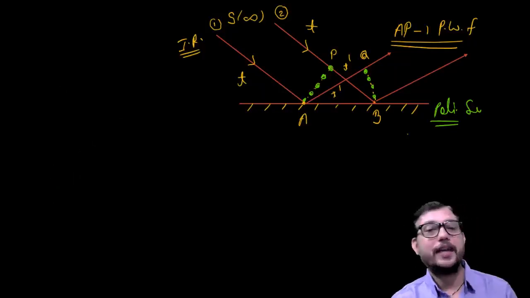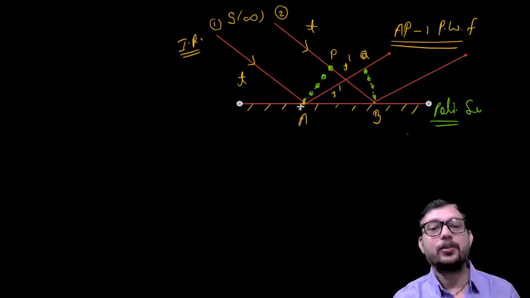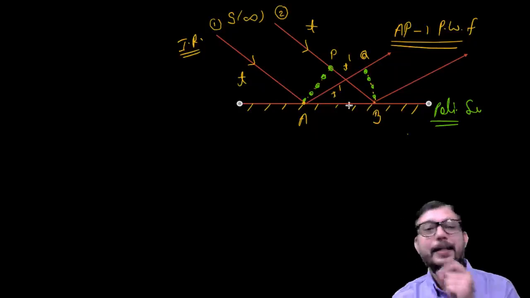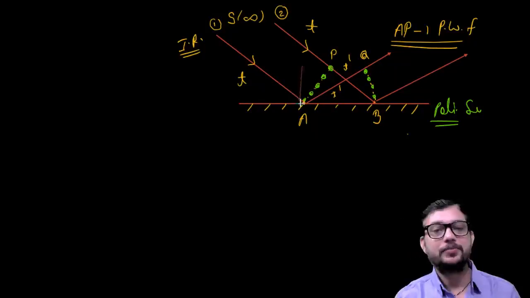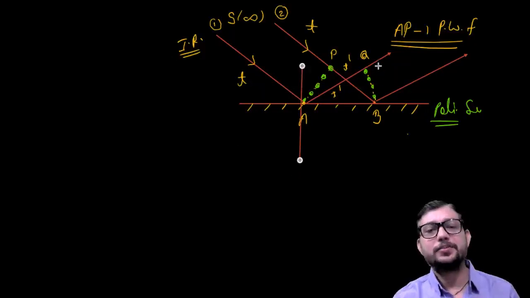For that we have to draw a normal. We will draw a normal at point A and at point B. Let this be your normal at point A, and this be your normal at point B.